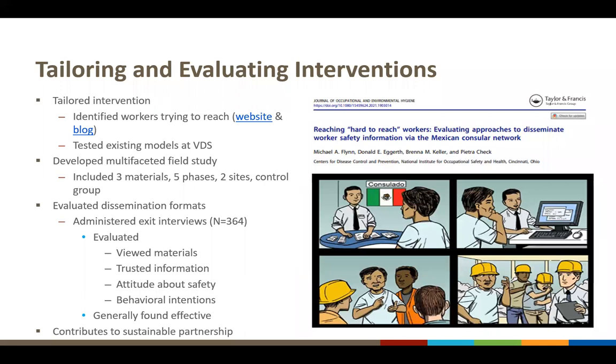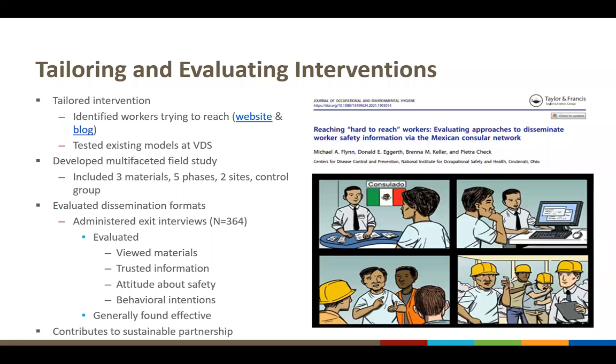And I think the other thing that's important to note about this study is that not only did we focus on generating this knowledge on these specific questions, but we framed the study as part of a larger effort at developing an ongoing institutional and sustainable relationship between NIOSH and the Occupational Health Equity Program specifically, and the Mexican Consular Network and the Mexican government in general, right?